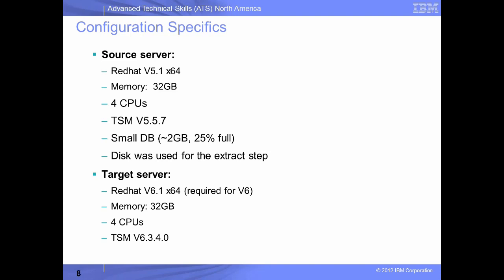In this case, when we were done with the extract, we just FTP'd those files over and made them accessible in the same location names as were available on the version 5.5. Another option, which we didn't do for this one, is an NFS mount. On both sides you would have an NFS mount. One system would write the metadata to that location. The 6.3.4 system would then read from that location.